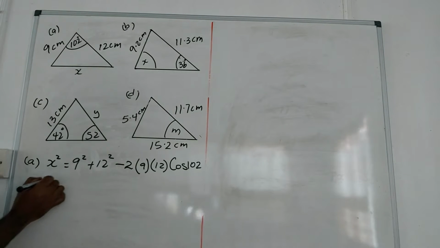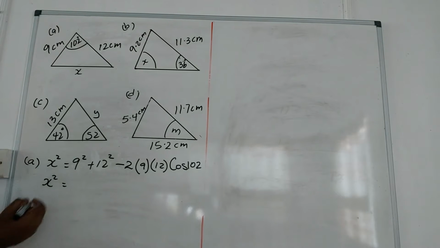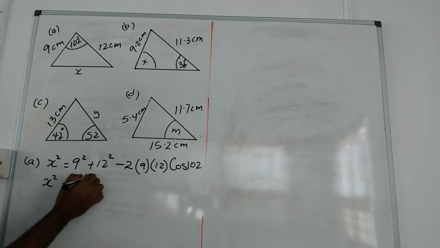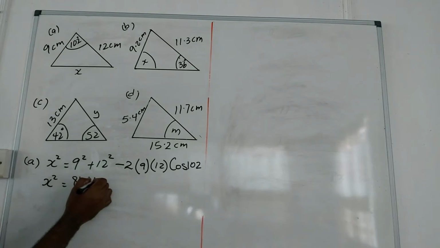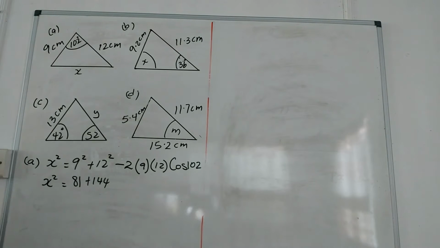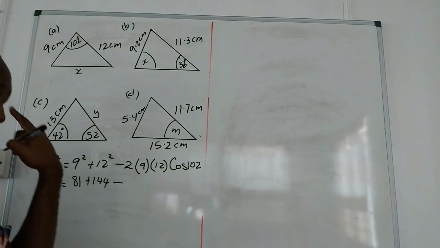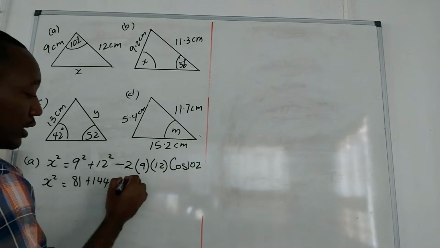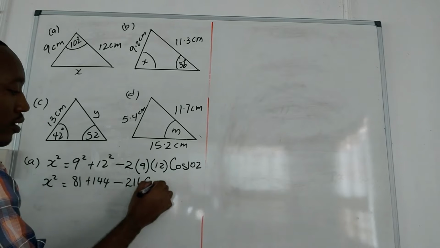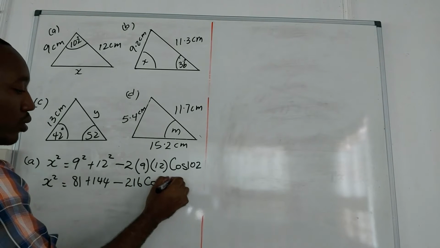So x squared is equal to, that will give us 9 squared will give us 81, 12 squared will give us 144, negative 2 times 9 times 12. 12 9th will give us 108, and 108 times 2 will give us 216 cos 102.